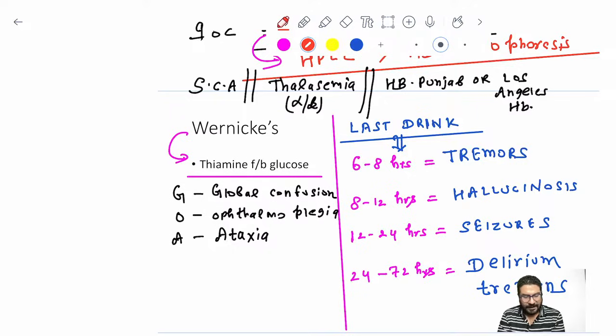Suppose they give you a patient who was a chronic alcoholic, all of a sudden quit alcohol, then he is developing auditory hallucination. His last drink, that last drink is very very important here. Suppose they give you a chronic alcoholic with confusion, altered sensorium, tachycardia, fever, diaphoresis, that will be a case of delirium tremens, right?